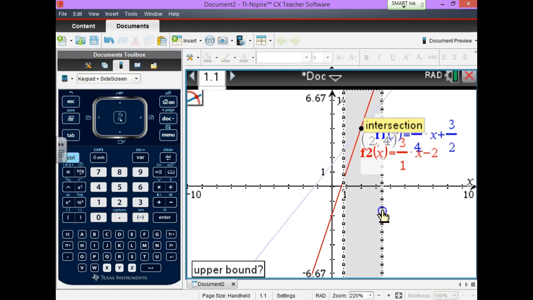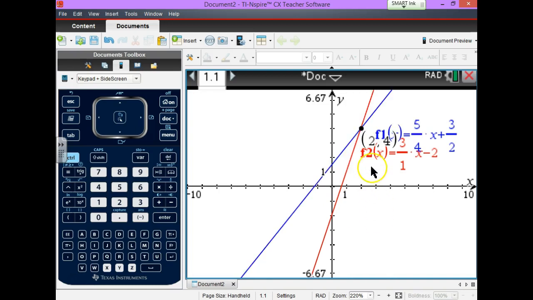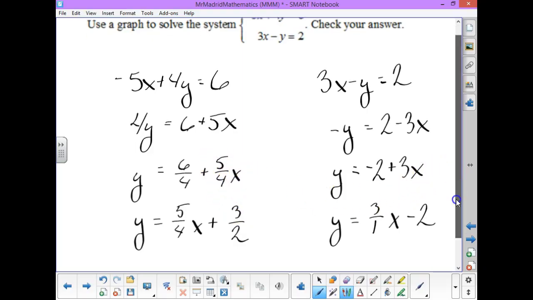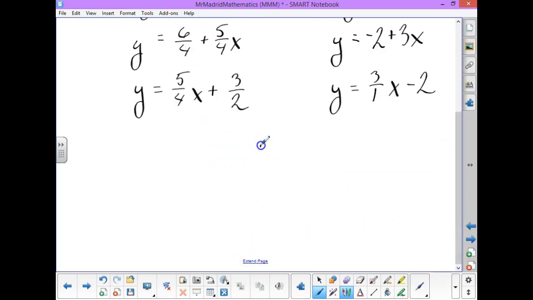Now it's asking for an upper bound, and as you can see, it's giving me (2, 4). Let me see if I can pinch that, in case you can see it. So (2, 4) would be that intersection, or the solution here. So let's go back. So (2, 4) is our solution.